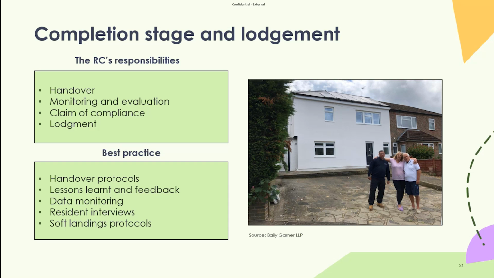For a PV and air source heat pump, are we ensuring that the installer gives a good demonstration to the occupant, and also maybe their asset management team? They may have been used to repairing gas boilers for the last 30 years, and actually now they're going to be maintaining air source heat pumps. So again, thinking about that holistic approach and the future of that property.